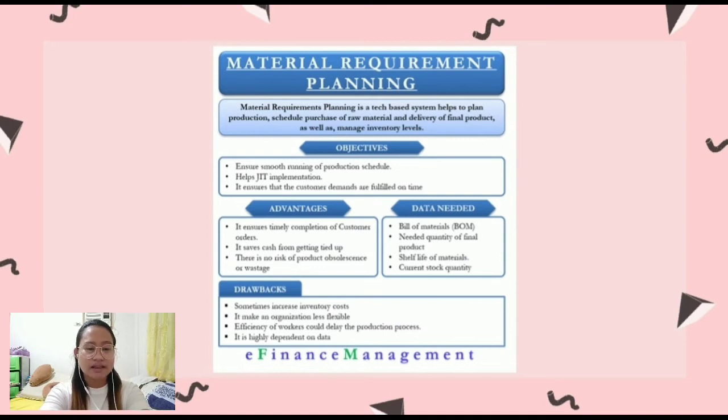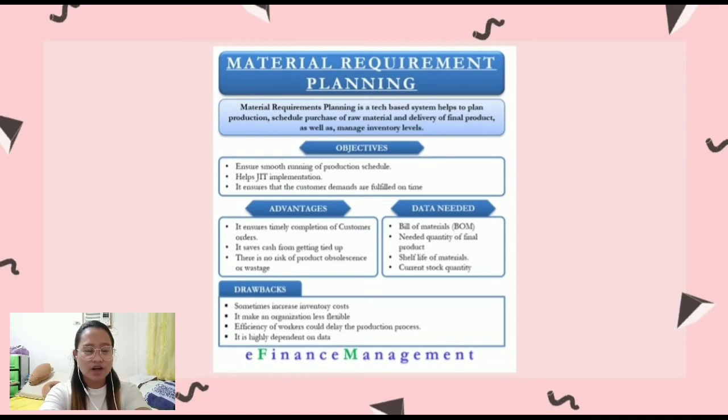It ensures that the customer demands are fulfilled on time. There are also advantages like it ensures timely completion of customer orders, and it saves cash from getting tied up. There is no risk of product obsolescence or wastage, and there are some data needed like the bill of materials, needed quantity of final product, shelf life of materials, and current stock quantity.